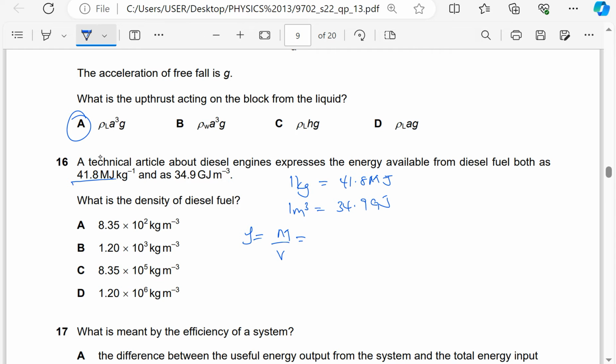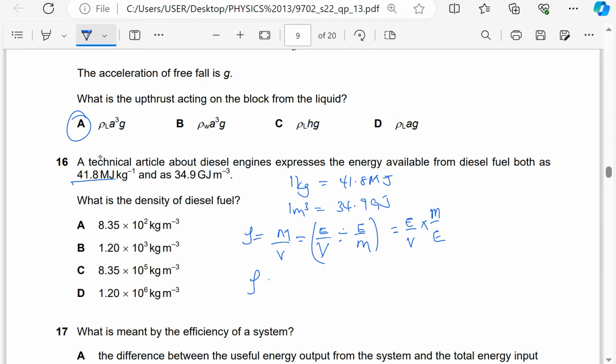If we bring in the concept of energy, this is going to be energy over volume divided by energy over mass, which is the same as energy over volume times mass over energy.